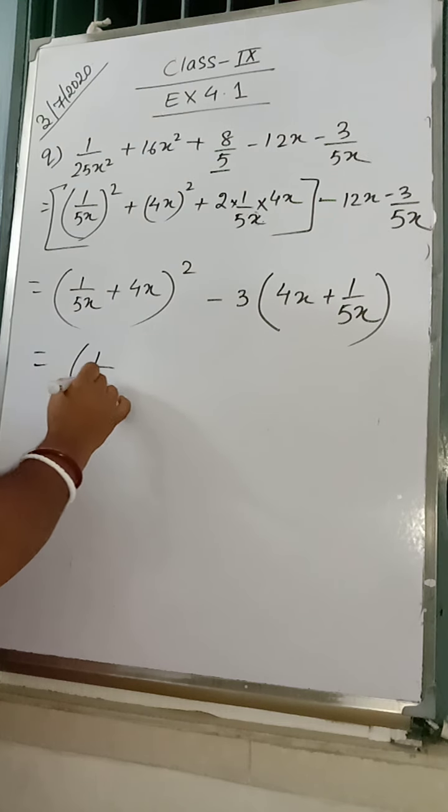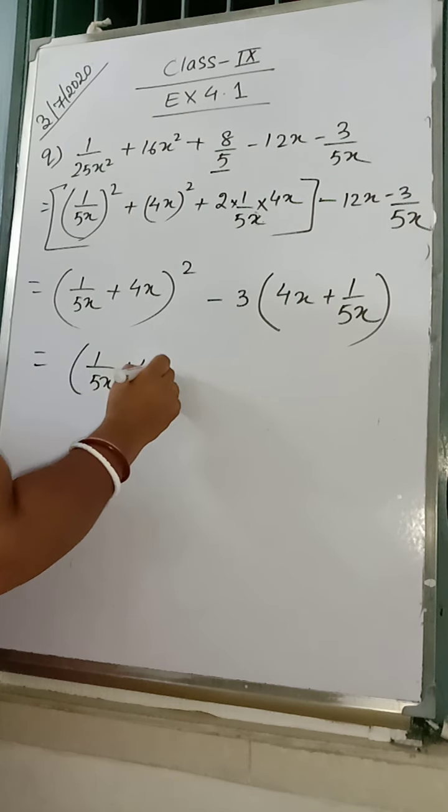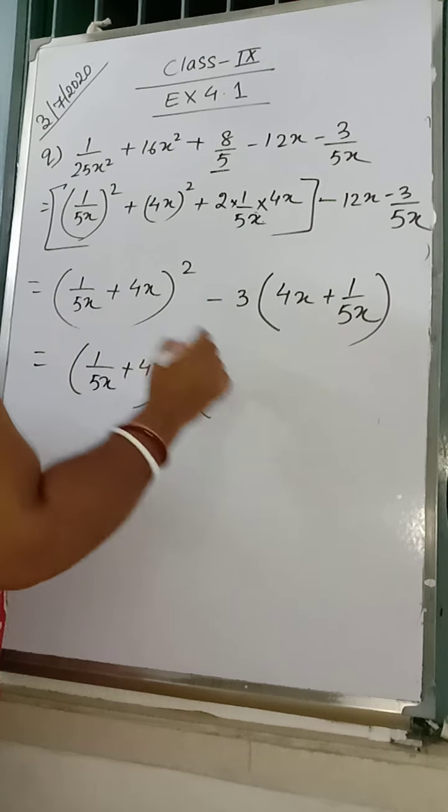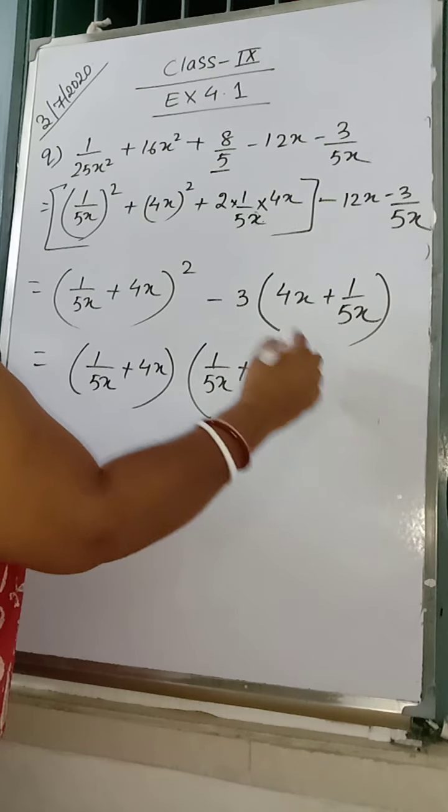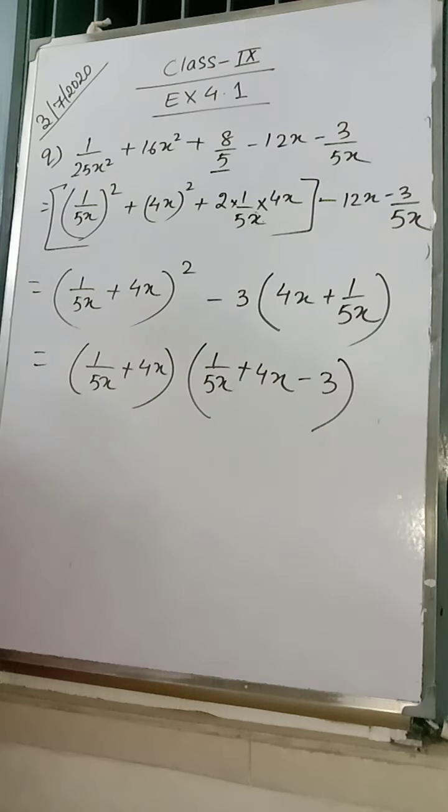So 1 by 5x plus 4x is taken common. Here I am left with 1 by 5x plus 4x, and here I am left with minus 3. So this is the answer of question number Q.